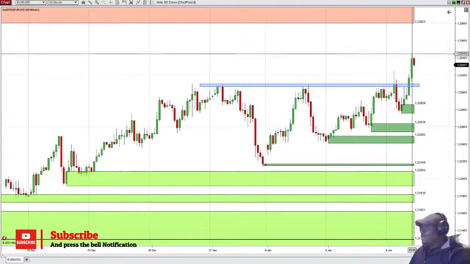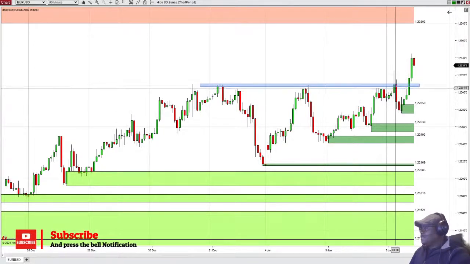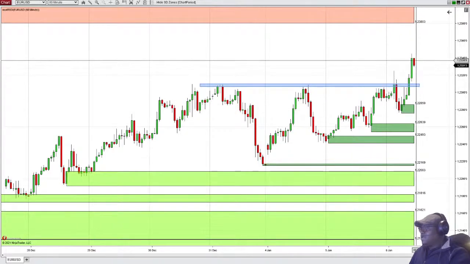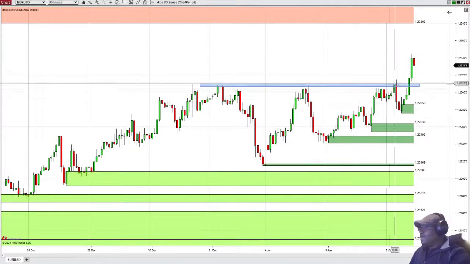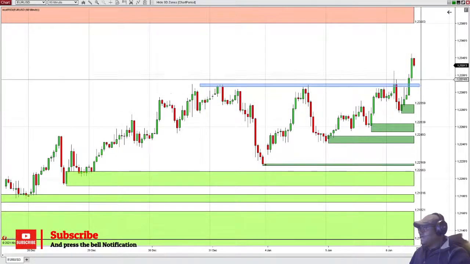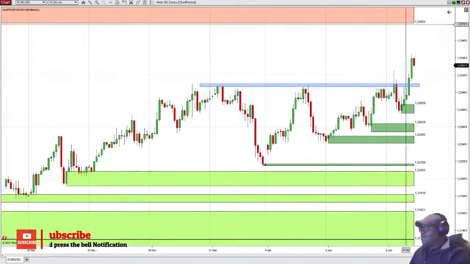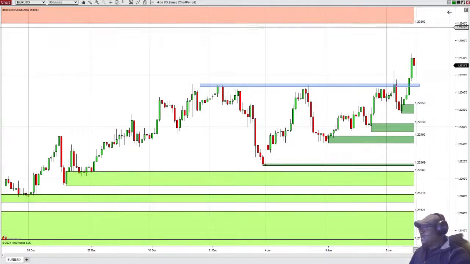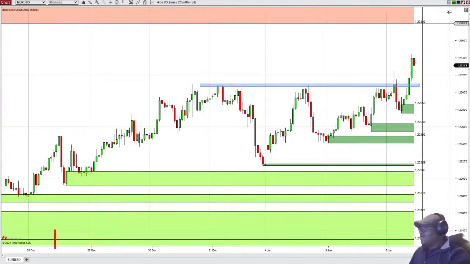So it might decide to push down a little bit. Nothing goes up forever. Whatever goes up comes down. It might decide to push down just a little bit, say 50% of this move, and decide to go back up. So I'm expecting it to test 23.80.